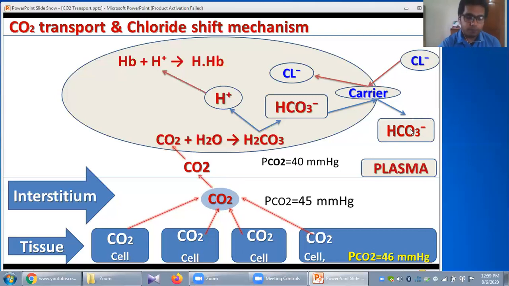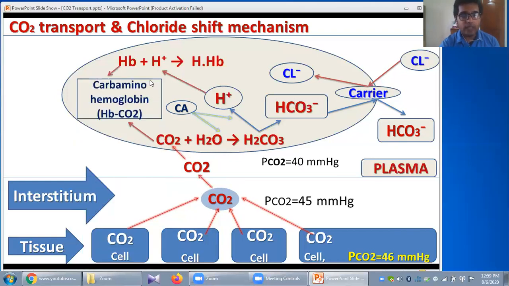Okay. Now, some of the carbon dioxide molecules will directly react with the hemoglobin molecule within the red blood cell to form carbamino hemoglobin. Basically, this carbon dioxide will bind with the amino group of the hemoglobin molecule to form this carbamino hemoglobin.